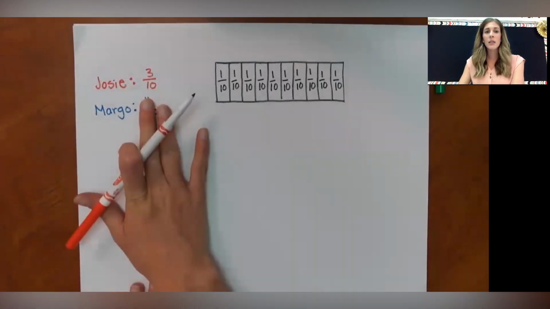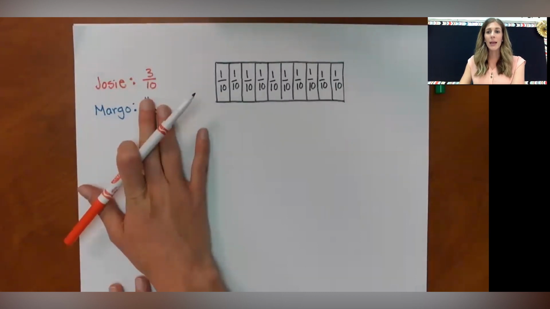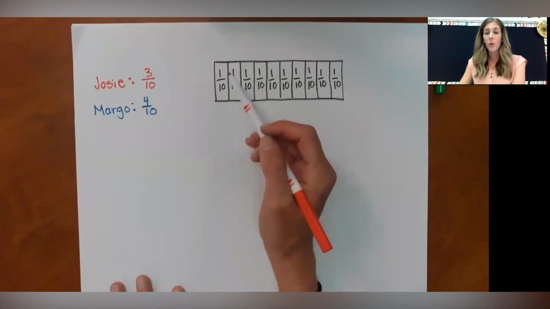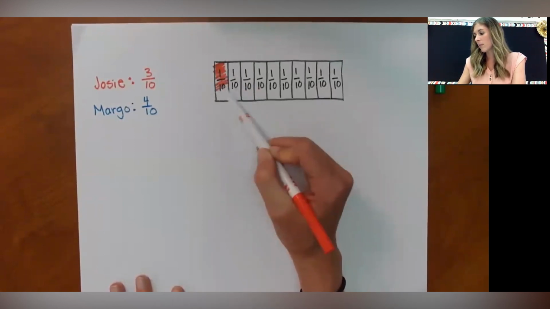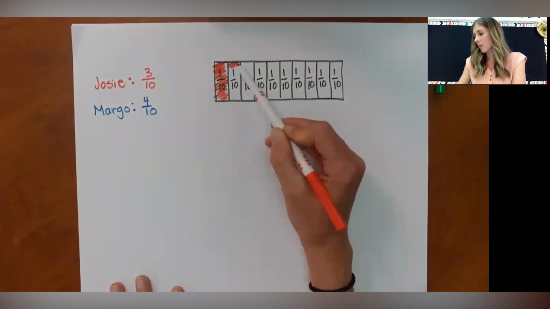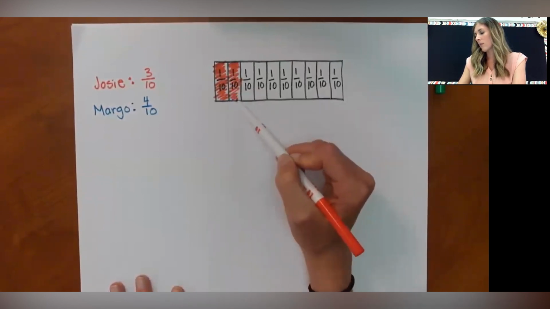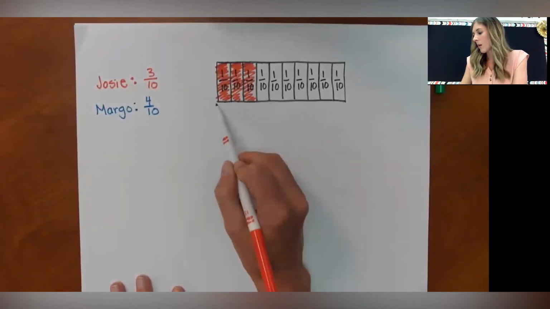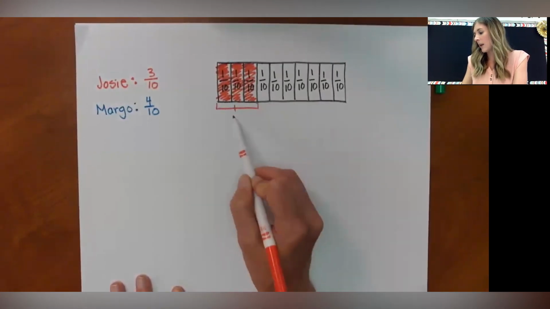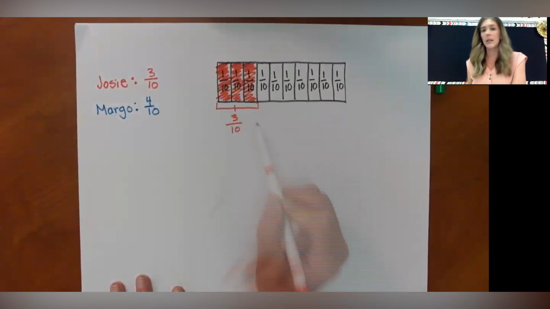So it said Josie started at one side and painted 3/10. So she painted 3 of those 1/10 pieces. So shade yours in with me. So we know that she painted 3/10 of the fence.